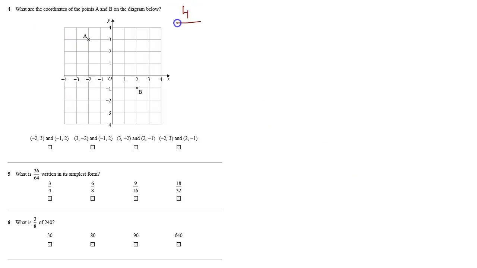Question number 4. What are the coordinates of A and B? We count the coordinates in this direction, and this is called X, this is called Y. Whenever we write the coordinate, it is how far along this is and how far above or below. That's how we write the coordinate.